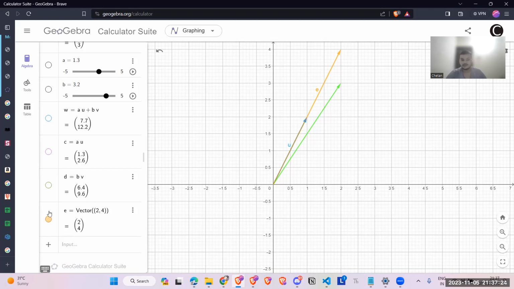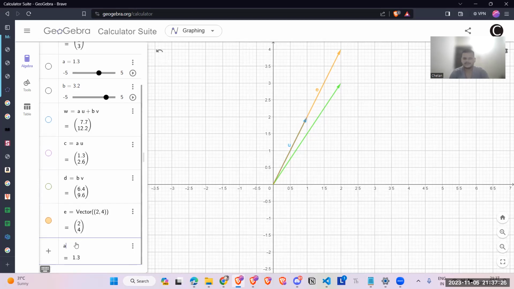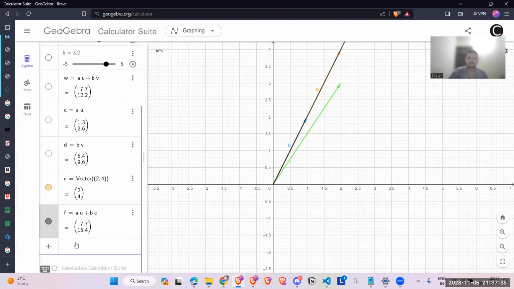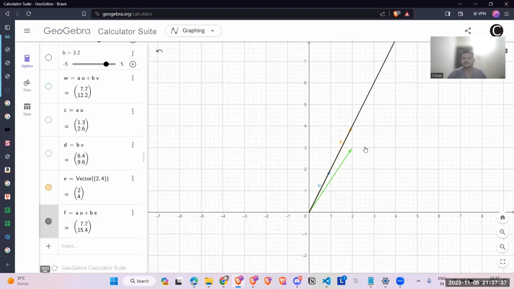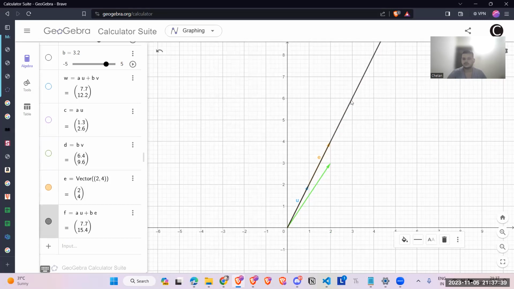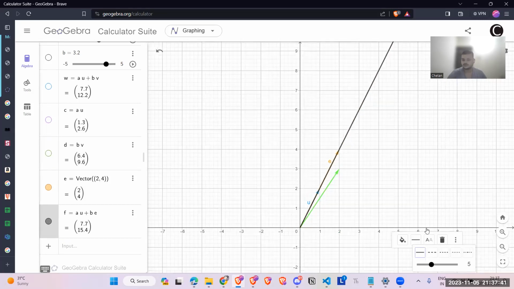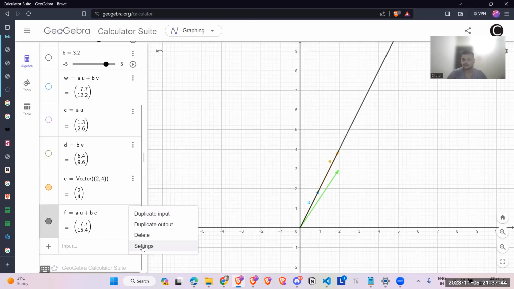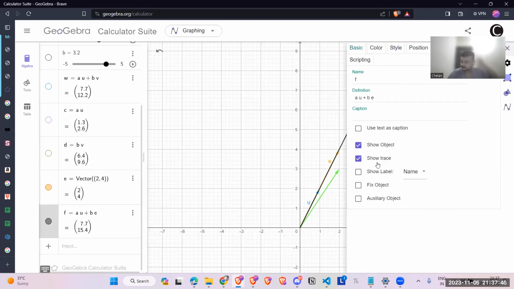Can you see? Now let's see, if I take the linear combination of these two vectors, what will I get? I don't know. Let's see. So this is the resultant vector I get from these two by taking the linear combination. I want to see what are the possible points I can reach.